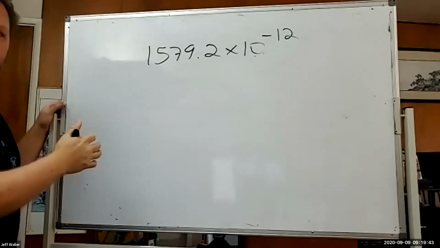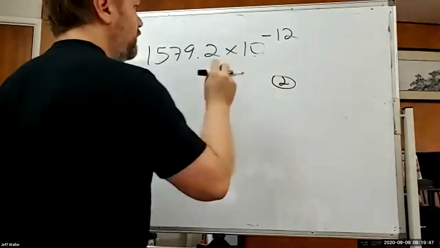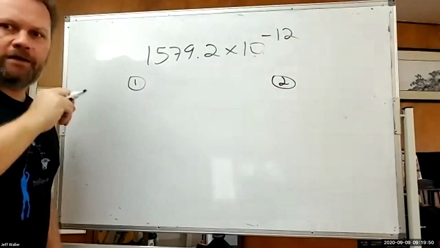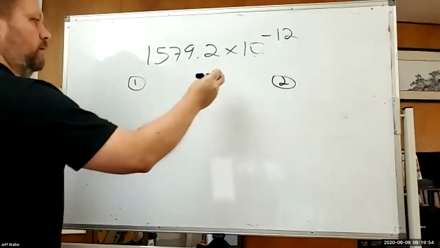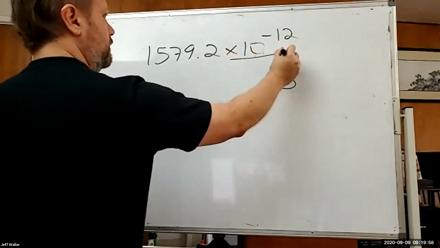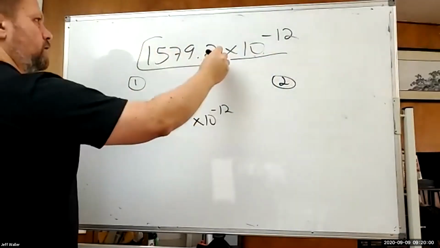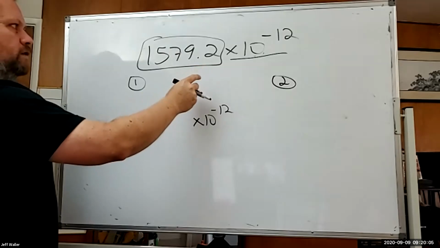So again, let's do it two ways. I'm getting the feeling that you guys don't like my way as much. So let me do the other way first this time. So I'm going to write times 10 to the -12. I'm just going to write that piece there. Let me focus on this dude. How do I change him into scientific notation?